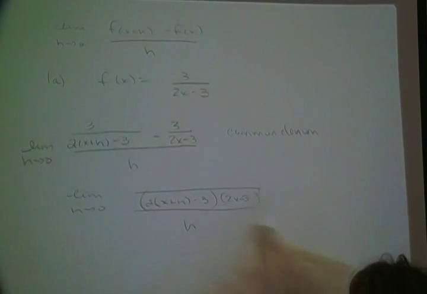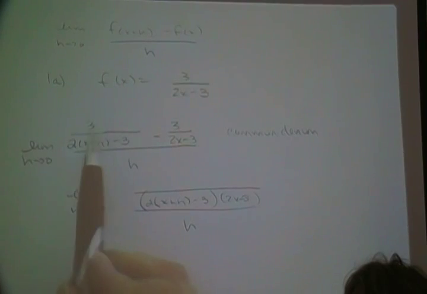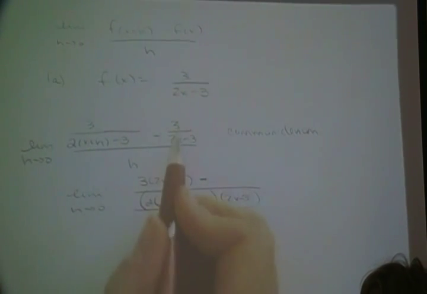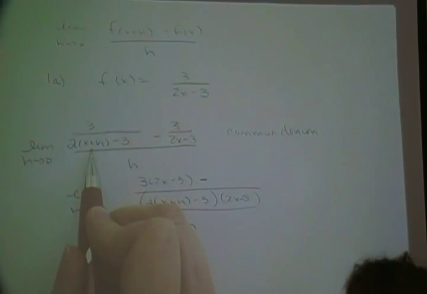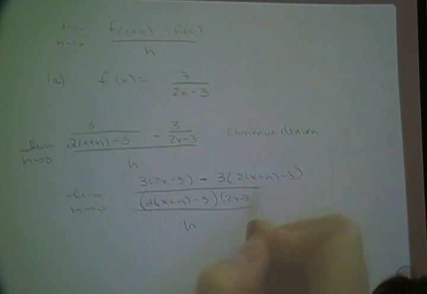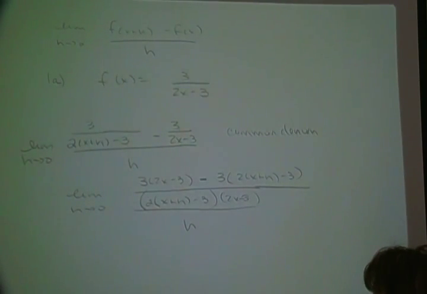And then the numerator, when we put these two fractions together, will be 3 times 2x minus 3, minus 3 times 2 times the quantity x plus h, minus 3. So that's my numerator when I get a common denominator.